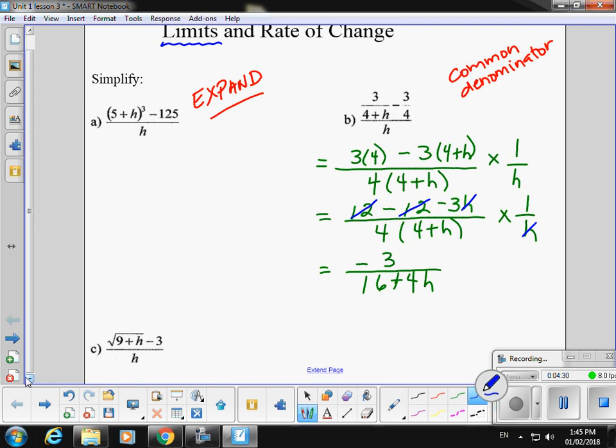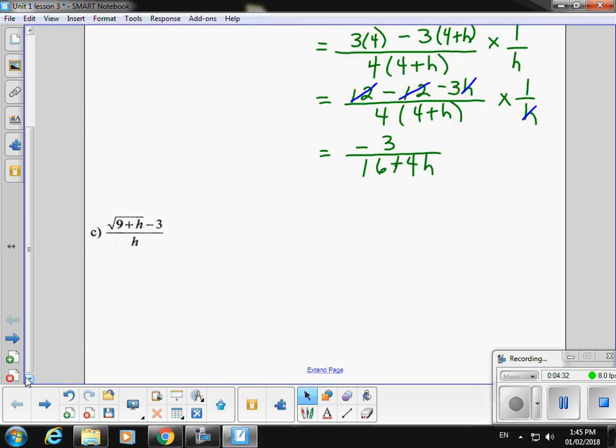Another type of simplification that can just make your life a whole lot easier is when we have radicals. We don't like that. And day 1, we talked about rationalizing the denominator. We're going to rationalize the numerator for this one, just to be a little bit tricky. I am going to rationalize. Okay.